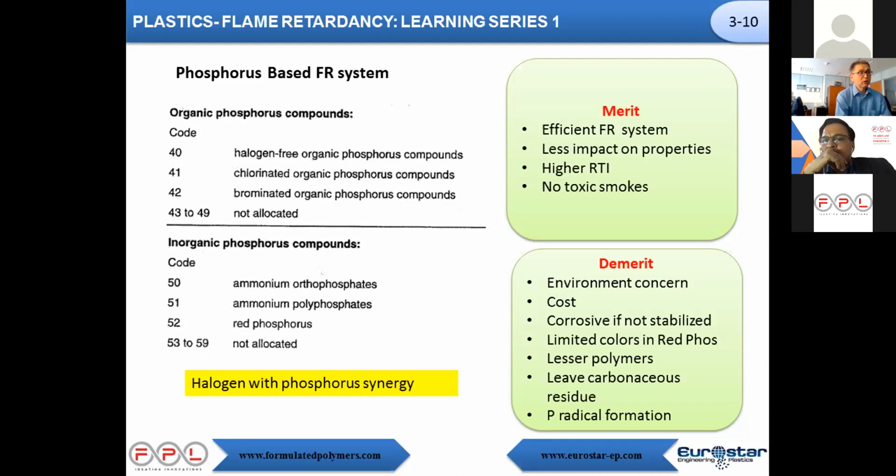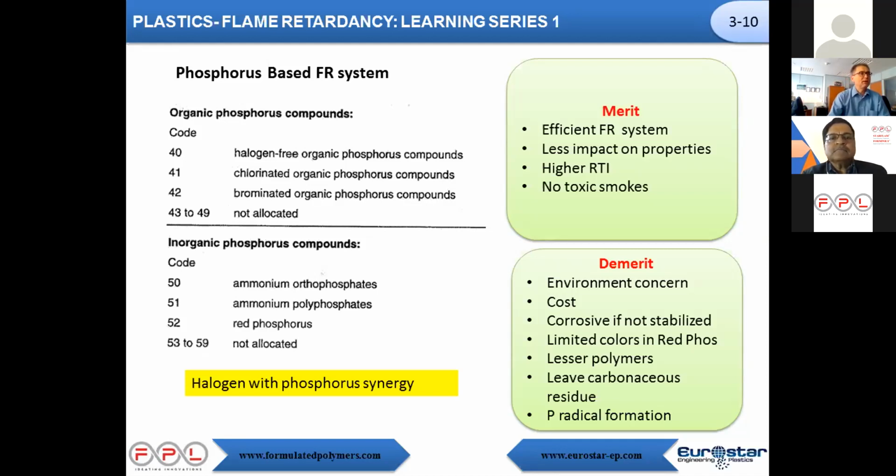So a lot of advantages. Some drawbacks: the color can only be black. And in some cases, if it's not well used, especially if the material is not used very dry, you can have some phosphine concerns.